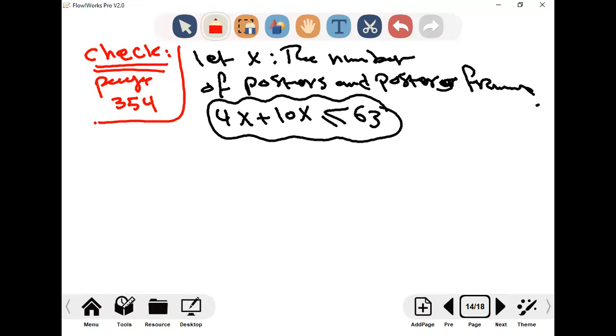Here we have like terms, 4x plus 10x, 14x less than or equal to 63. It is a multiplication inequality, so divide by 14 on both sides.